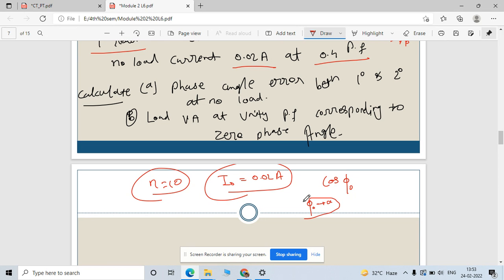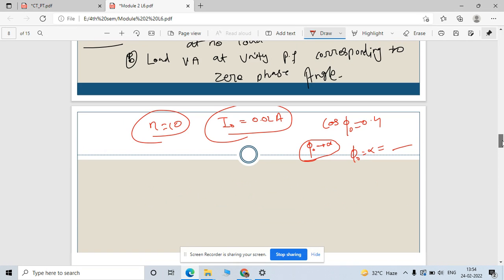That totally depends on your representation, guys. So don't be confused if some books use phi naught instead of alpha. Which is nothing but 0.4. So you can easily find this alpha, and then find the sine of alpha. When you solve this, you will get sine alpha as 0.917.